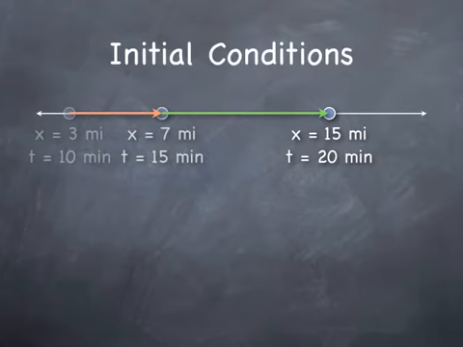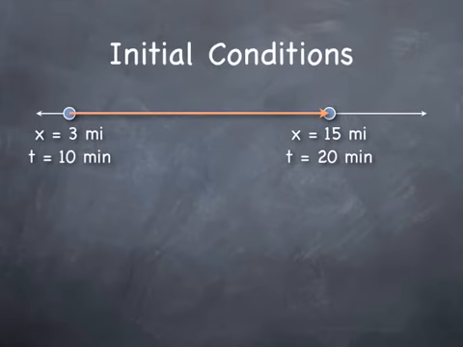So in our example, we're going to make it simpler by removing the middle dot and just going from A to B. One initial condition is that our velocity at time 10, when we start, is 0 miles per hour. We are going to start standing still at the 3-mile marker.